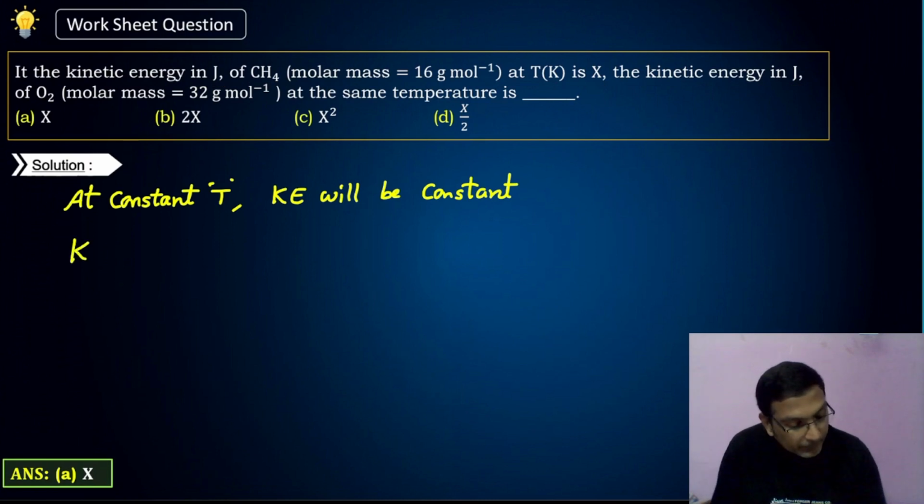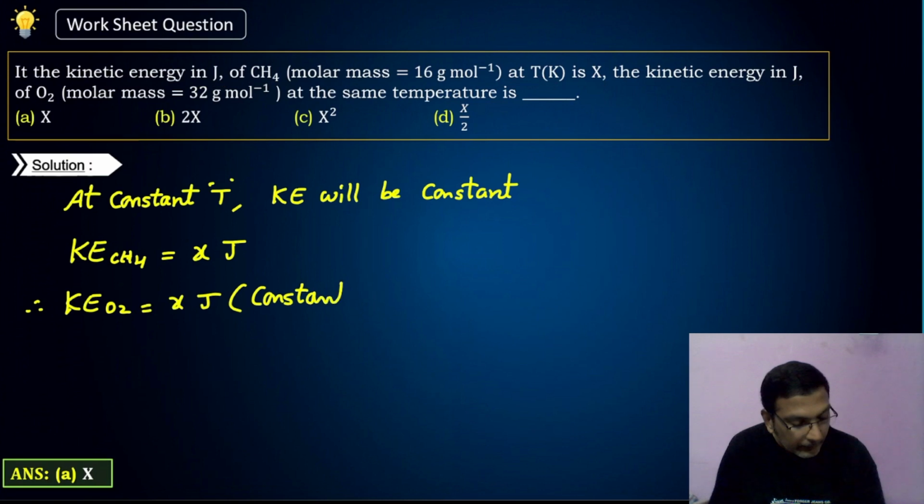Therefore, kinetic energy of CH4 is given as X joules. Therefore, kinetic energy of O2 will be same. That is constant. Since temperature is constant, kinetic energy of CH4 and O2 will be constant. Therefore, option A. Next.